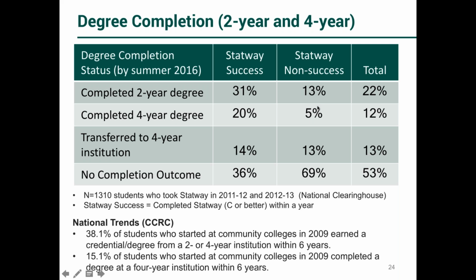One thing to note here is that, of course, Statway students are all students who placed into developmental mathematics, whereas the CCRC data includes all students who started at community college regardless of placement. And then the final bullet here refers to the rate of students: 15% of students who started at those community colleges in 2009 completed a degree at a 4-year institution within 6 years, and that compares to our second row here, which is 12%.